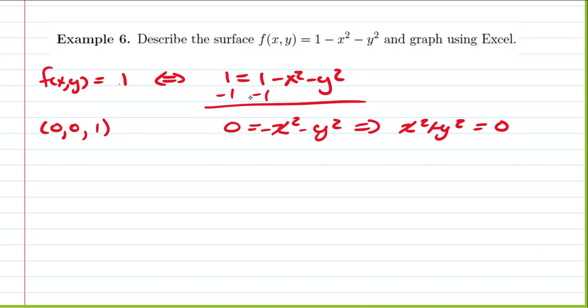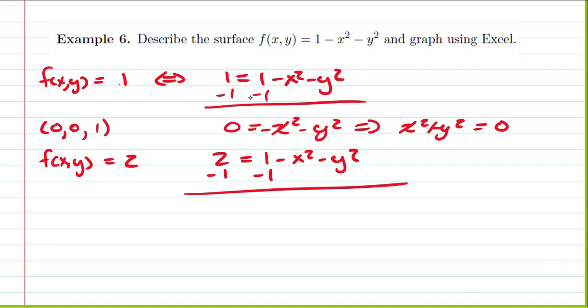All right, so then if we did f of xy equal to, say, 2, that would give us 2 equals 1 minus x squared minus y squared. So we minus 1, and that gives us 1 equals negative x squared minus y squared.